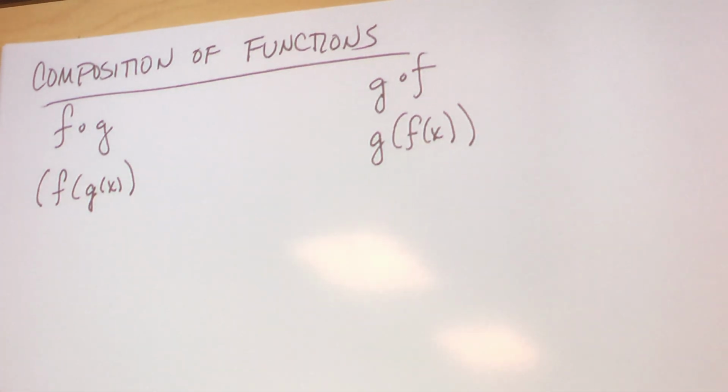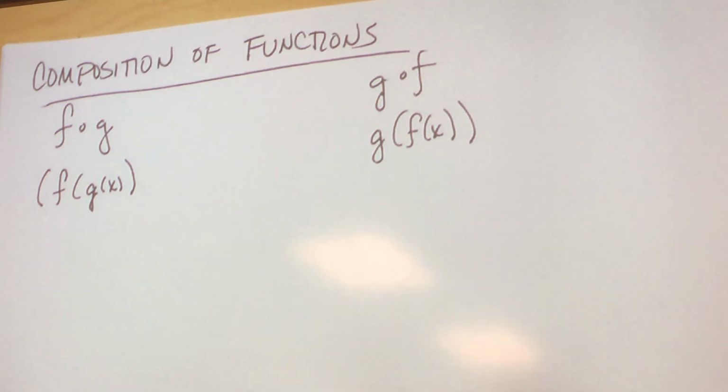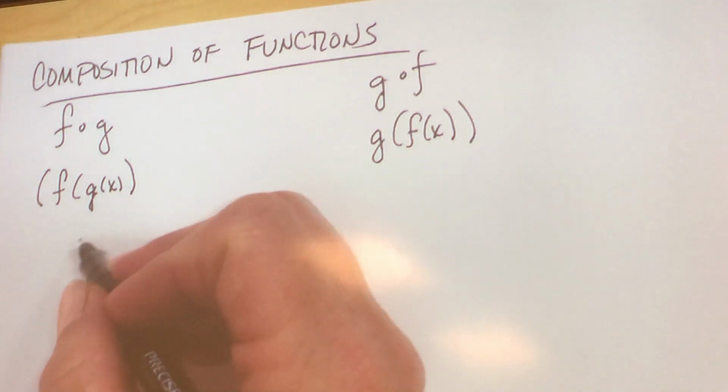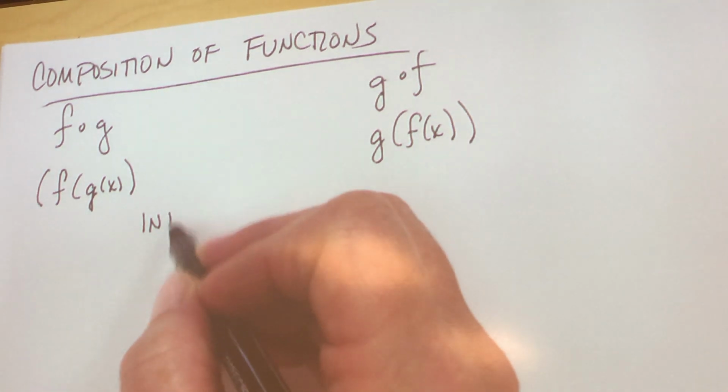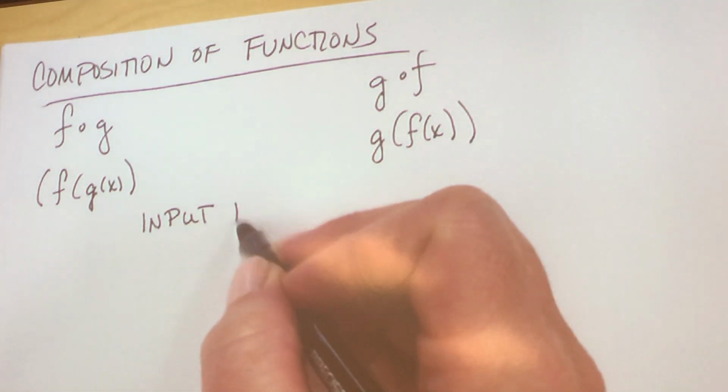Okay? All right. So, I want to ask a question. I need you, the domain is going to be the most difficult part, all right? So I want to make sure that you understand the verbiage that I'm going to use. I want to know which one would be called the input function.